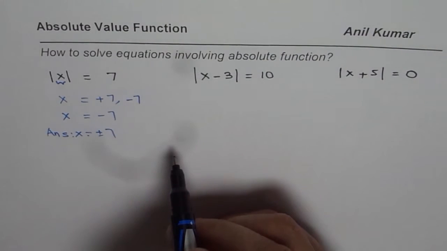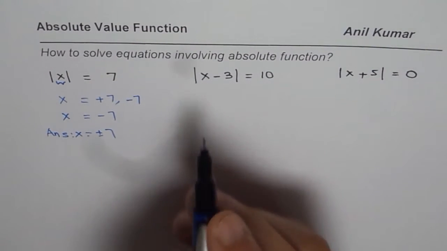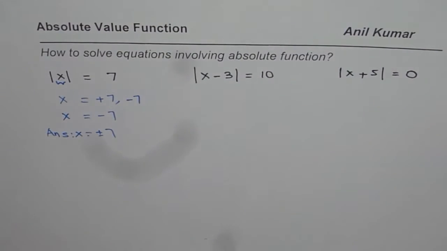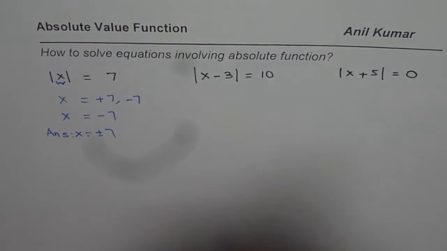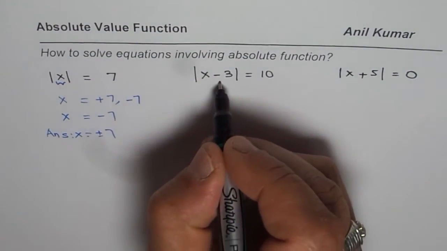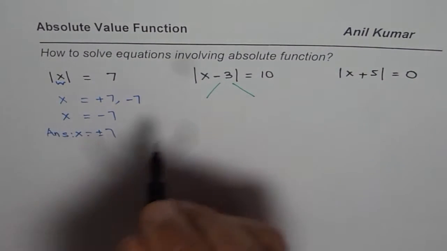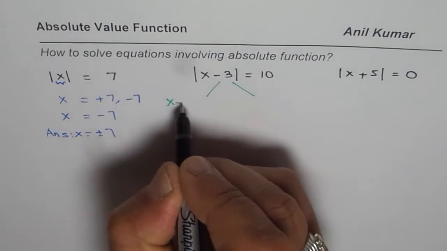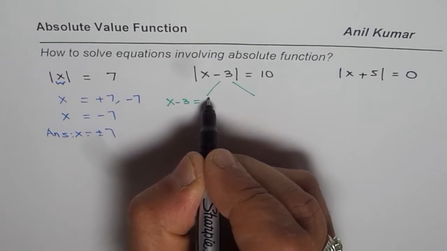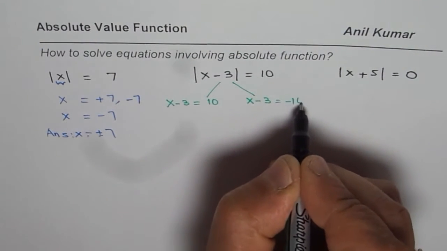How do we do this one? Well, the strategy is still the same. We could write x minus 3 as positive 10 and as negative 10, right? So we will again have two solutions as we had earlier. One equation will be x minus 3 equals 10. The other one will be x minus 3 equals minus 10.